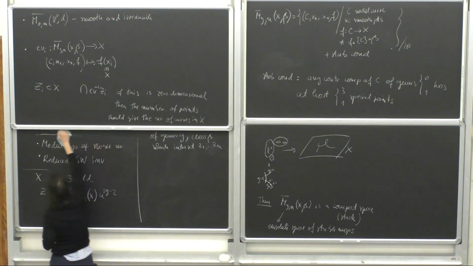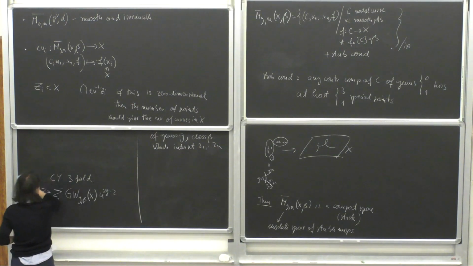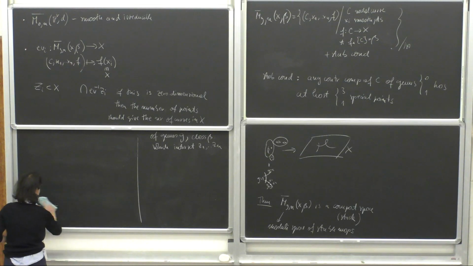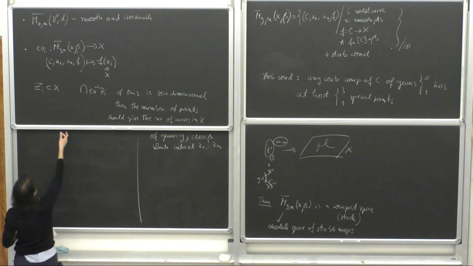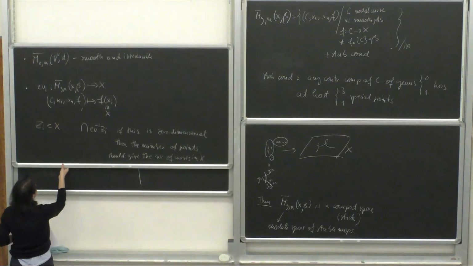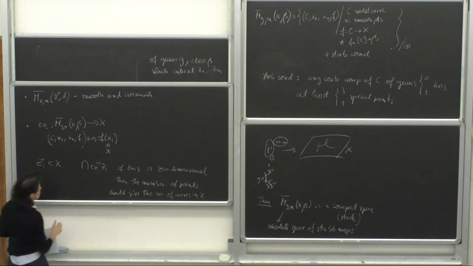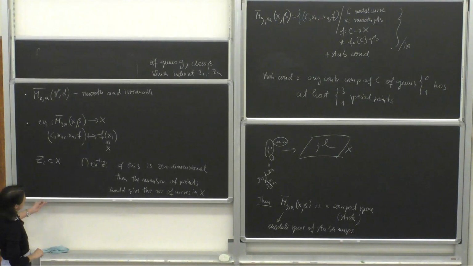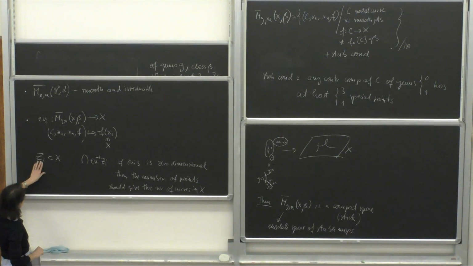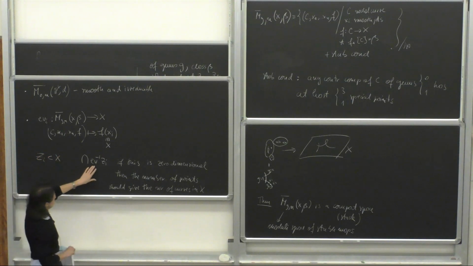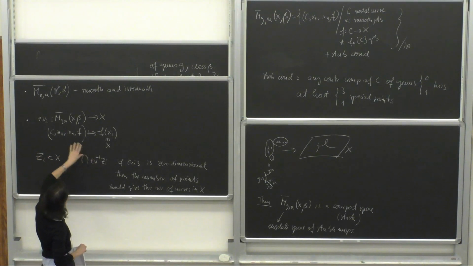So for instance, if I look at the projective plane and I take beta to be 2, so I look at conics in P2, and I take these Zi to be 5 points in the plane, then I can ask how many conics pass through 5 points in the plane.